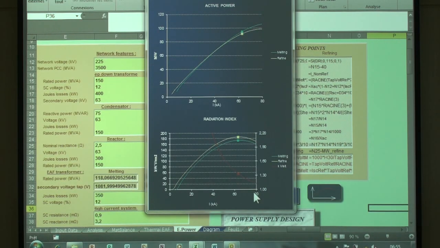And on this diagram, I have the reactance index on these two curves. This is melting and refining, and this is the stability, to see where I am situated with the stability.